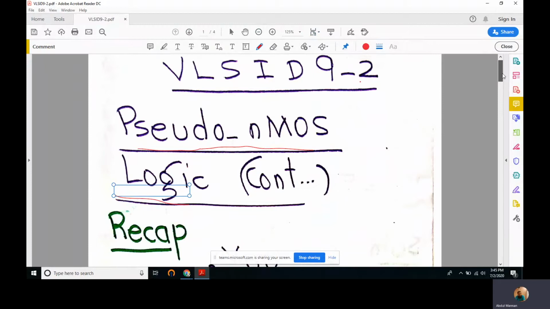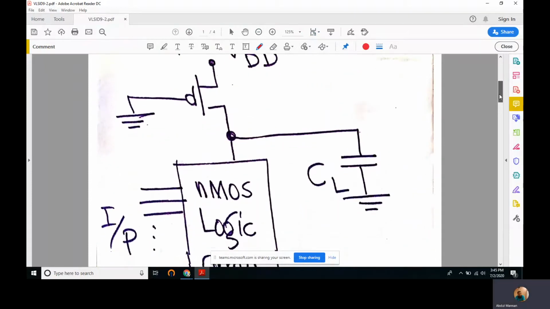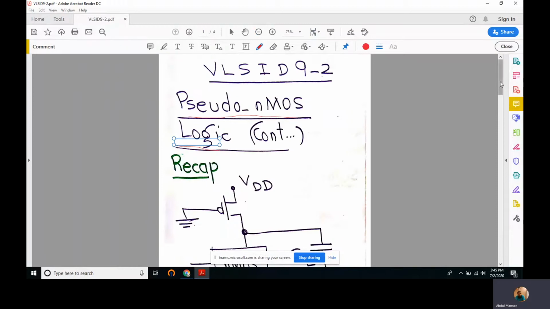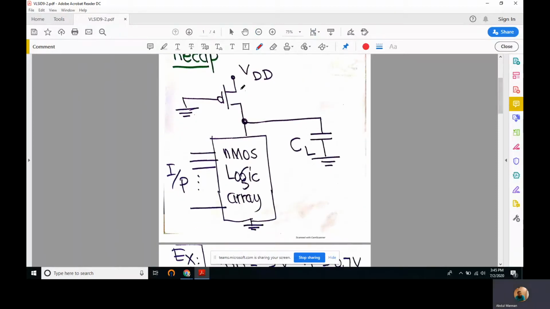The recap is that a pseudo nMOS circuit can be represented as an nMOS logic array, where the nMOS logic array is the same as in the case of CMOS.